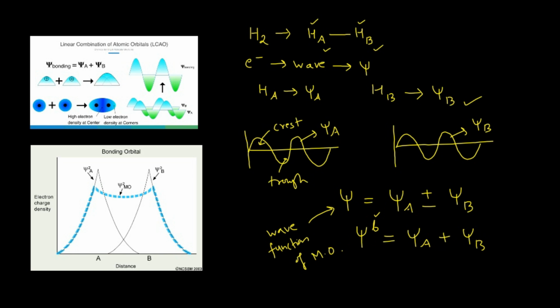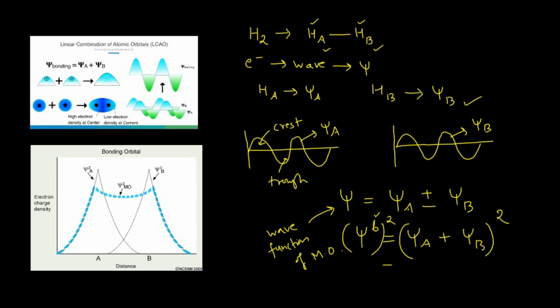Which will form. So what will happen? In the light of quantum chemistry, the probability density, or the electron density, is given by the square of this. And when I do the square of this, I'll do the square of the whole thing.